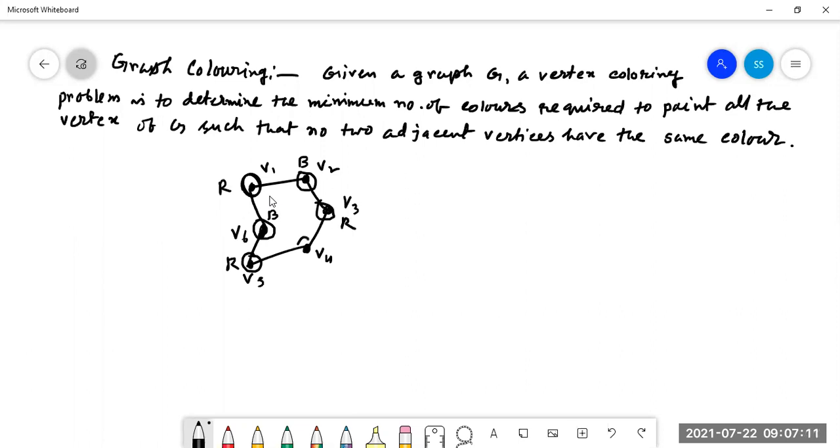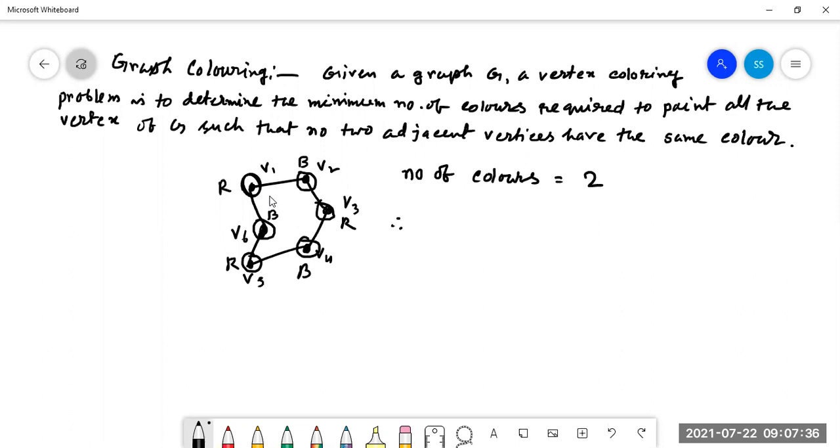Then adjacent to this red, you can put blue. Then look here: red, blue, red, blue, red, blue, red. So no two adjacent vertices have the same color. The number of colors required here is equal to 2.